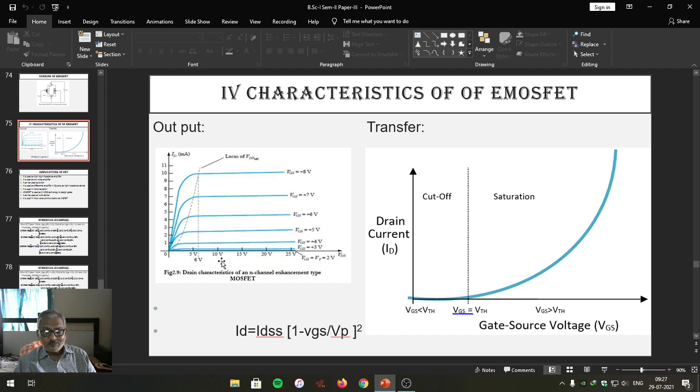But when you increase gate to source voltage, naturally on gate side, positive charges will start developing, and negative charges will start developing within the P region, which was lightly doped. And hence the negative charge carriers will start enhancing.